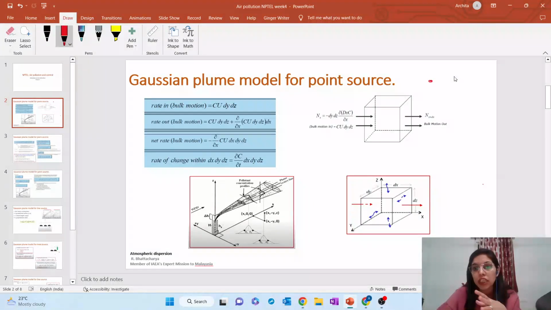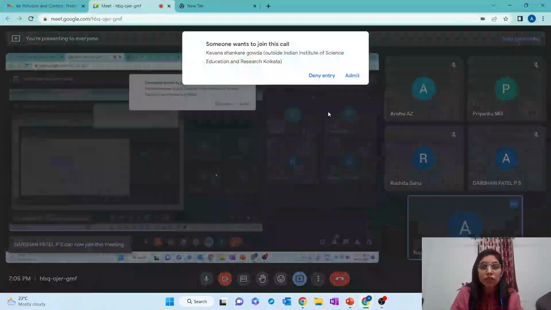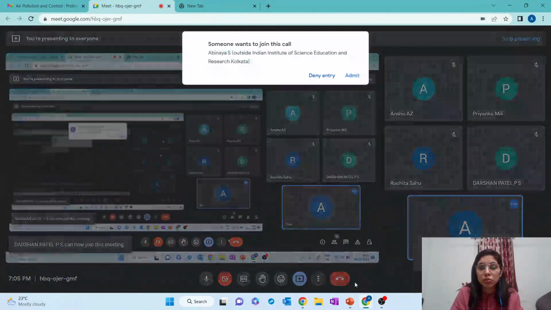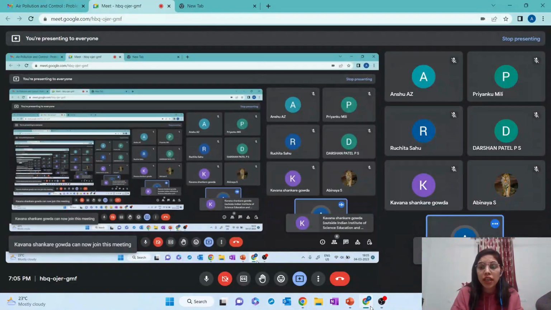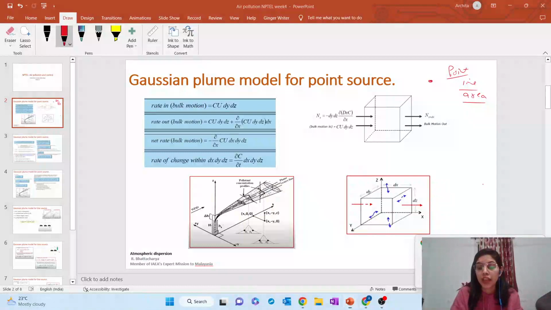So for each of these different sources, that is point, line, and area, there is a different technique to measure the amount of pollution it is creating. We will start with the point source, and then we'll see how the derivation of line source comes. Now this is a simple diagram of a stack.